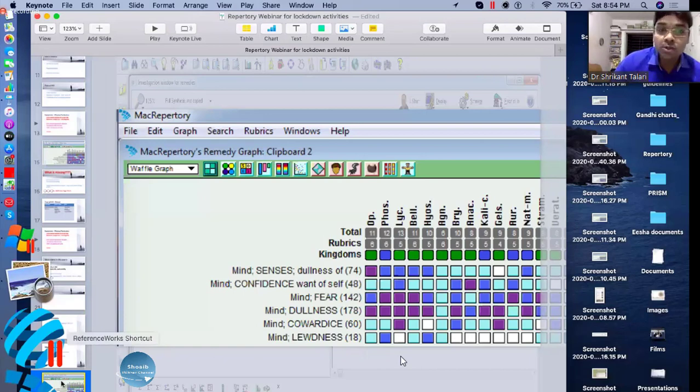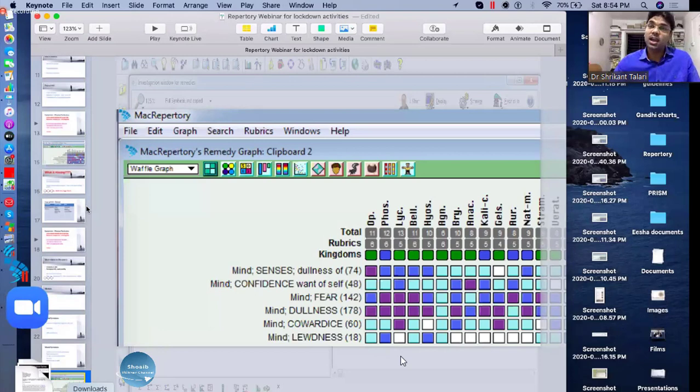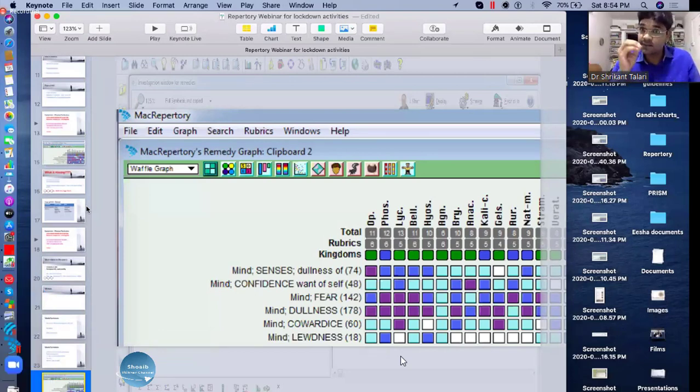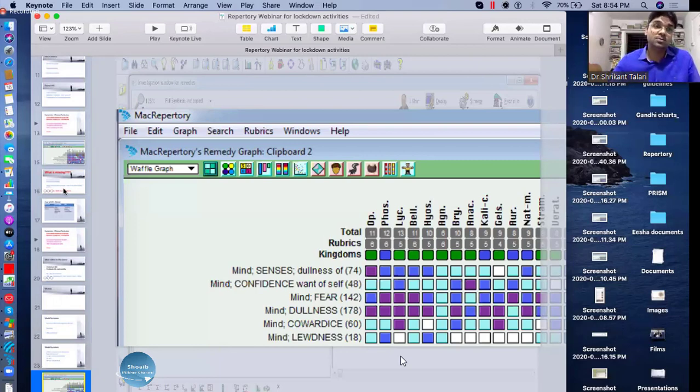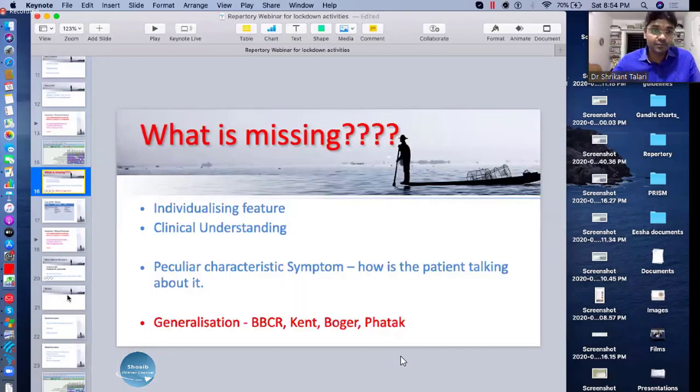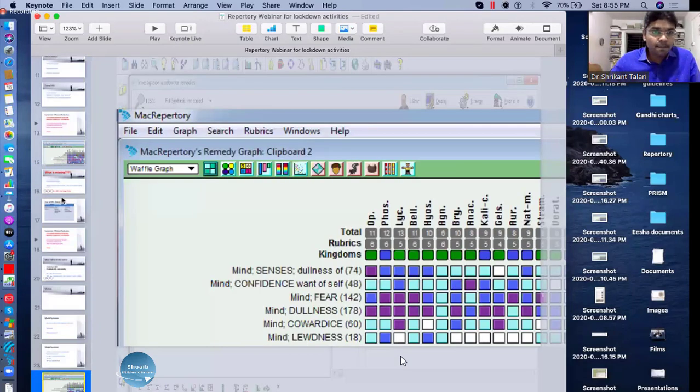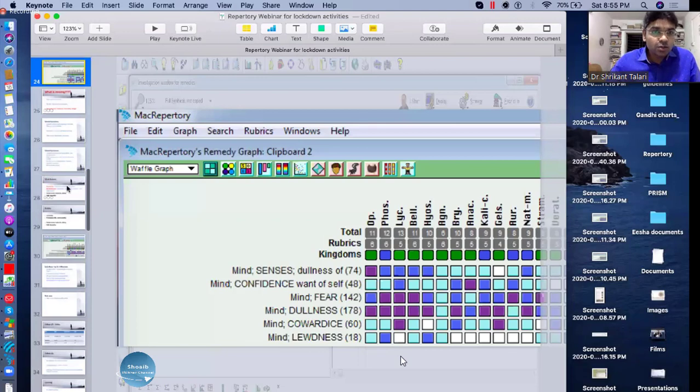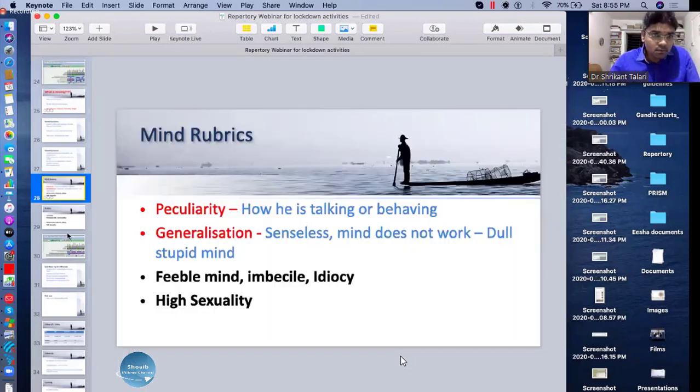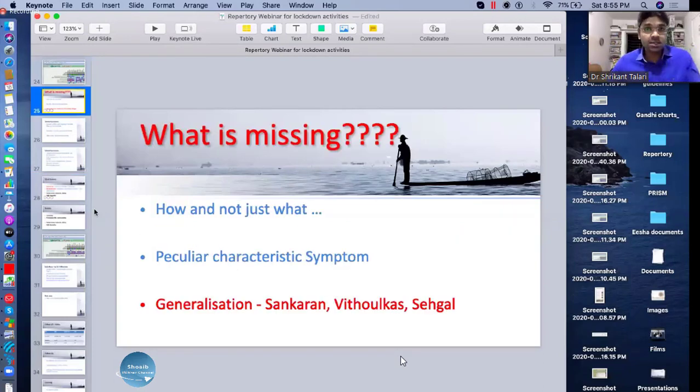So how to do this? How do I now sum up all these symptoms and first define what is the rubric that I really need to find in this patient? So yes, this is what was missing.